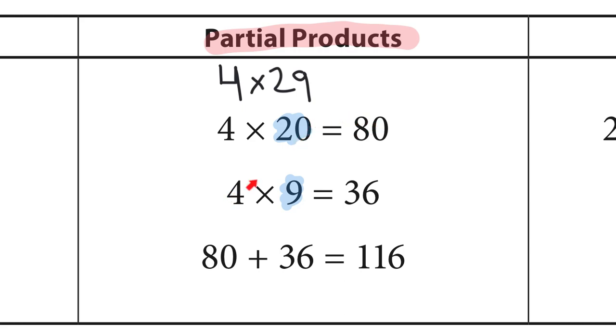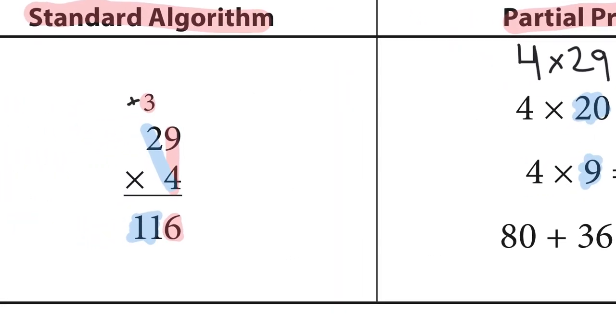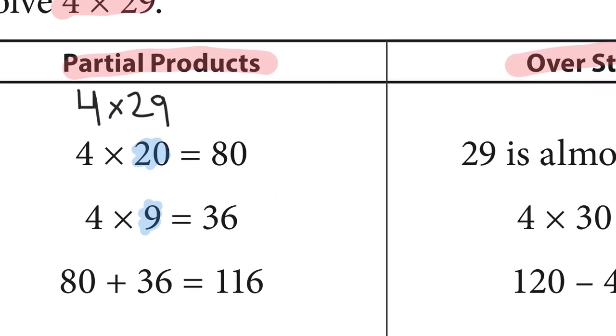Okay, 4 times 9 is one of your 1-by-1 math facts. 4 times 9 is 36. And then if you add those two numbers together, which they do here, you get 116, the same answer that you had on the previous standard algorithm solution.